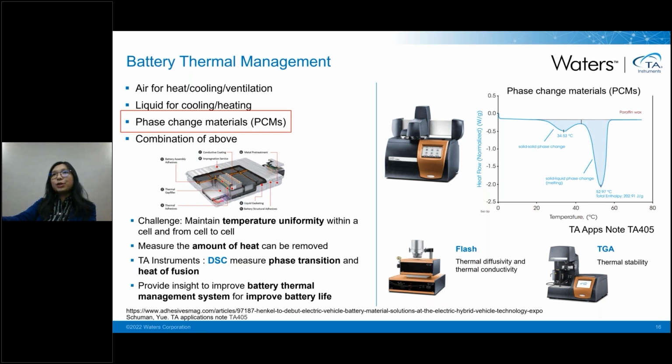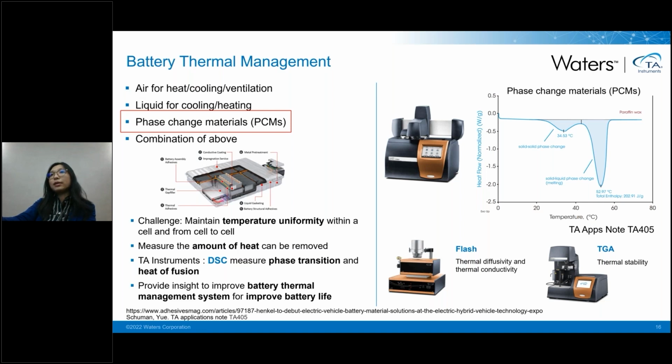The phase change material undergoes different phase transitions. In the figure on the right, you can see one phase change material, paraffin wax. It undergoes a solid-solid phase transition around 34 degrees C, and then a solid-liquid phase transition around 52 or 53 degrees C.